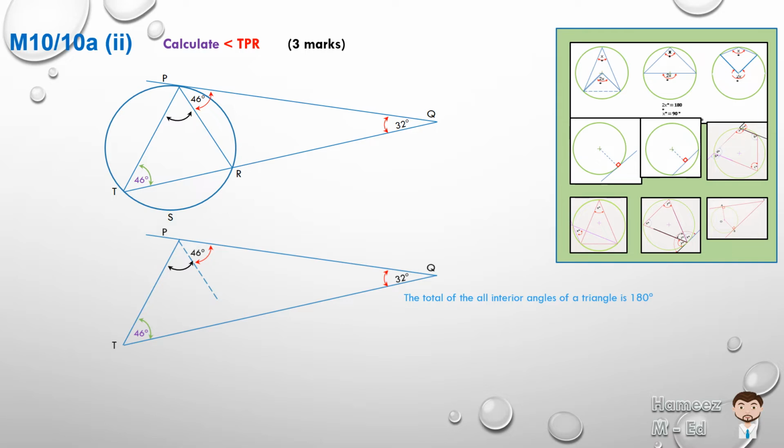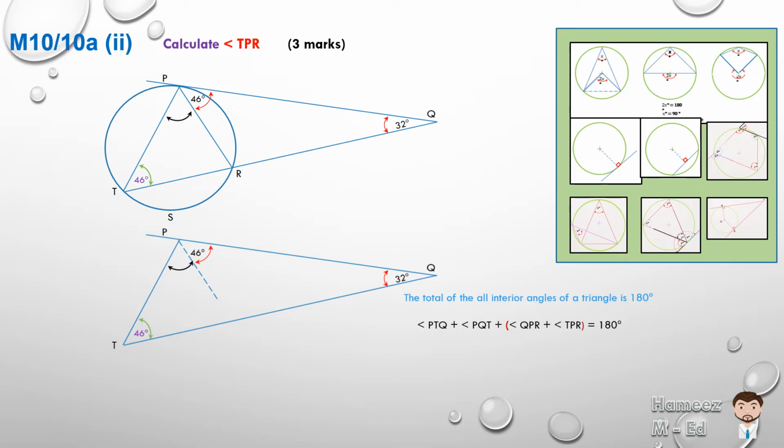So let's write that. Angle PTQ, which is the angle at the middle letter T, plus the angle at Q, angle PQT, plus the angle up on top, which is broken up into QPR and TPR. So those angles will add up to 180 degrees.